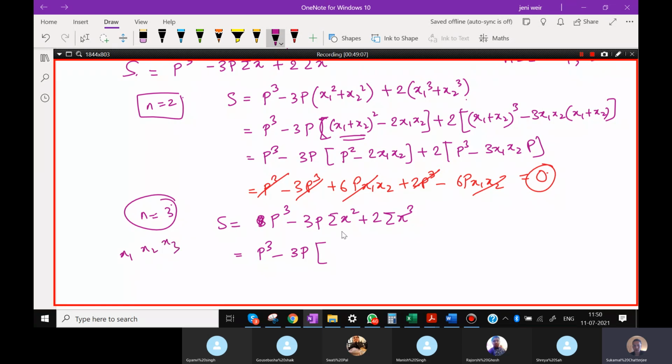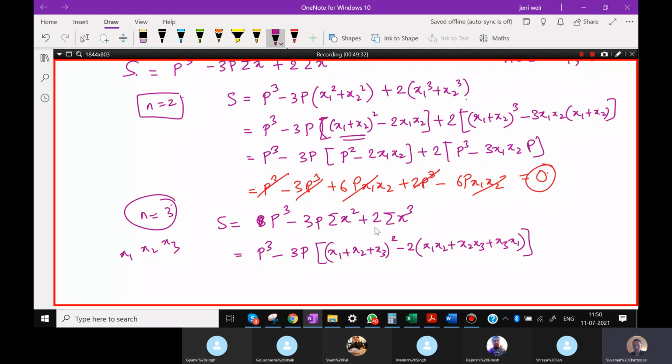So that means sigma x square would be the sum of x1 square plus x2 square plus x3 square, which would be x1 plus x2 plus x3 whole square minus 2 into (x1 x2 plus x2 x3 plus x3 x1).